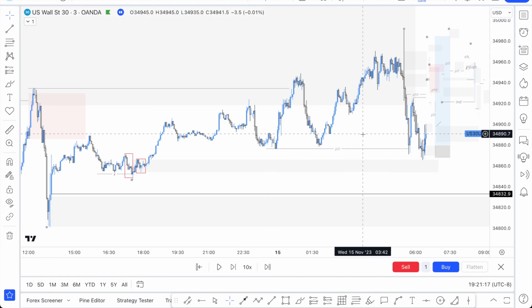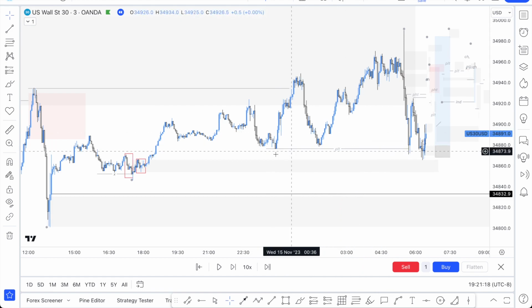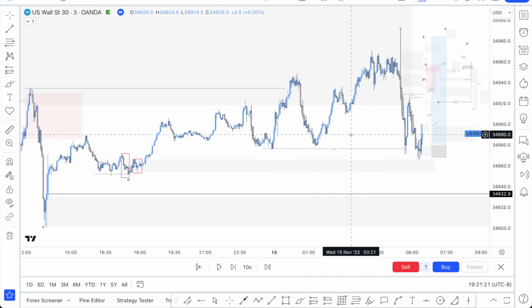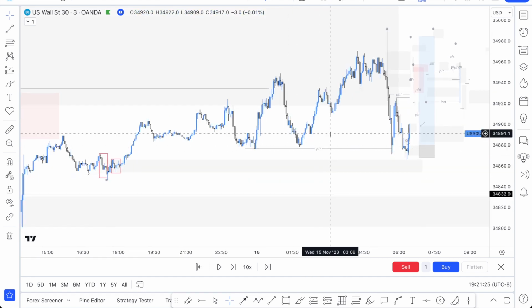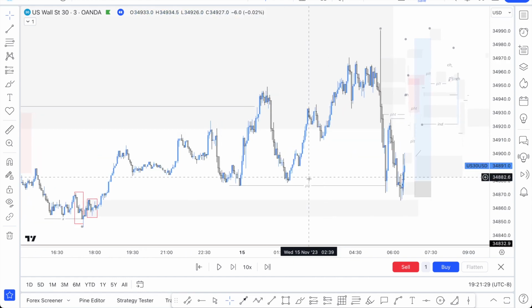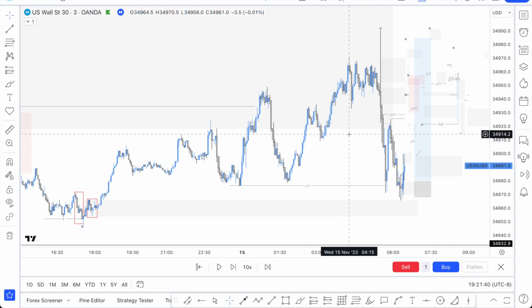Now I just want to make sure you guys understand that this PLT is a liquidity line. I just use it for something different. It is liquidity, however I use the PLT in other ways of confirming the entries and what price needs to sweep exactly.